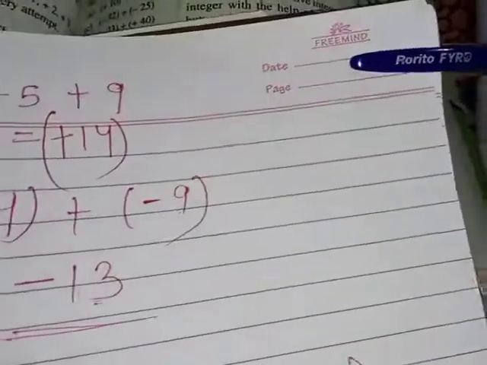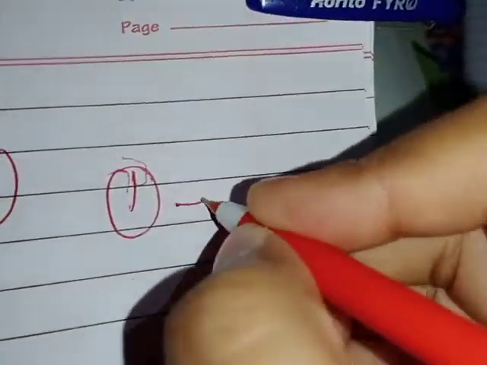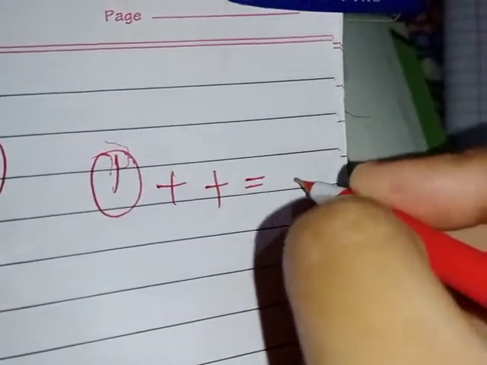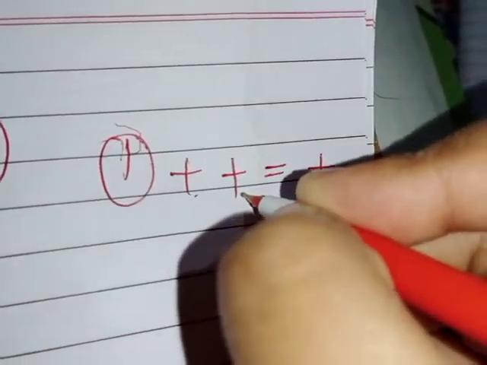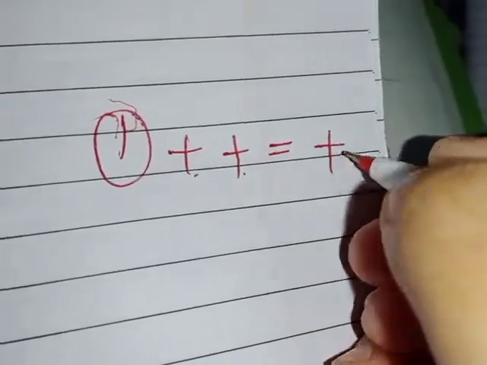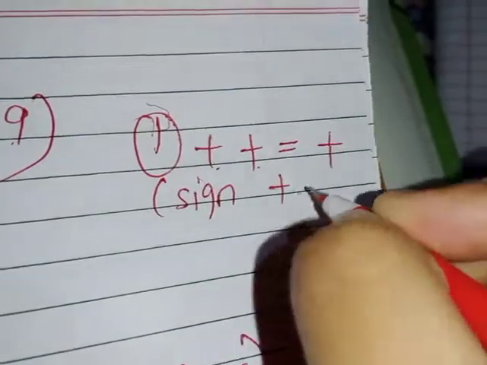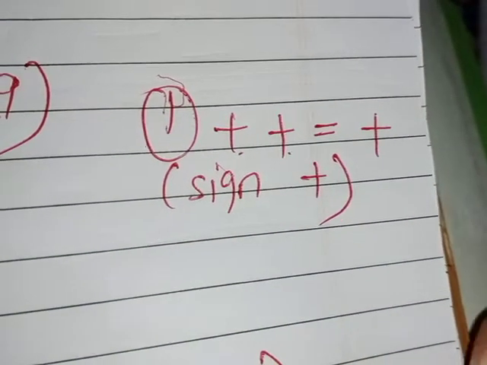So what was the first point? First point is, when we have both the positive integers, we will do the addition, and in the answer sign also will be positive.